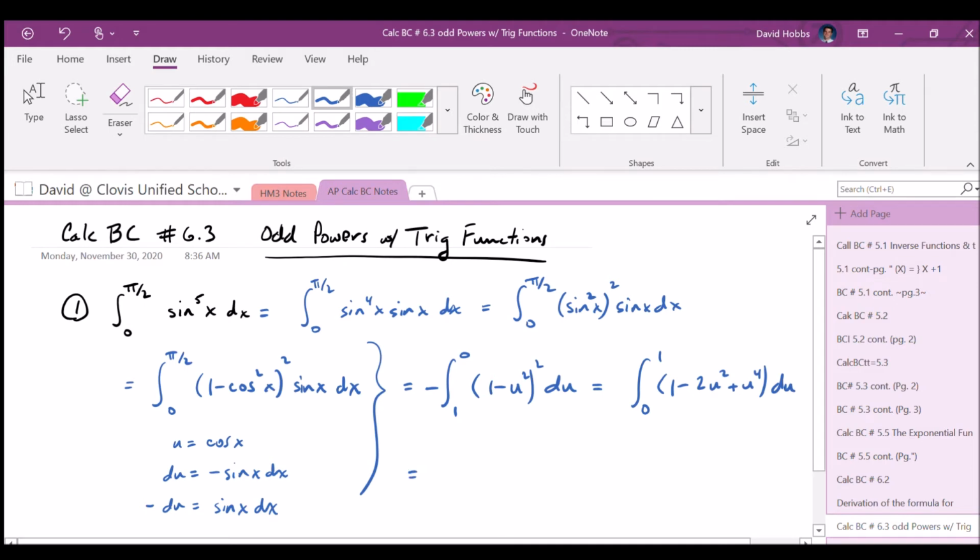Okay, and integrate term by term now. So I have u minus 2/3 u cubed plus 1/5 u to the fifth, all evaluated from 0 to 1.